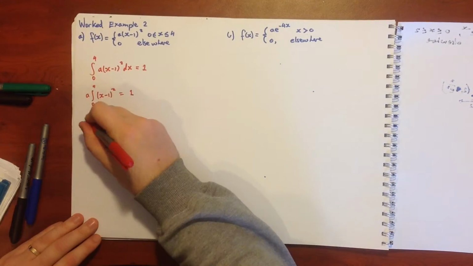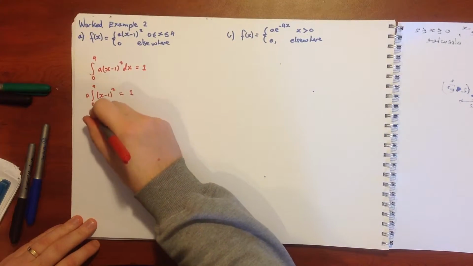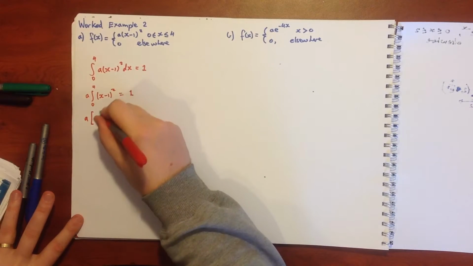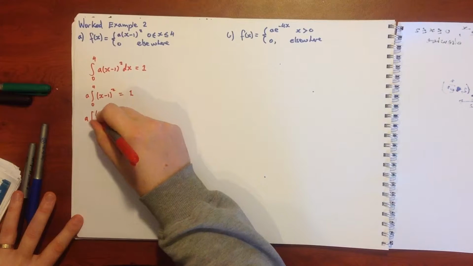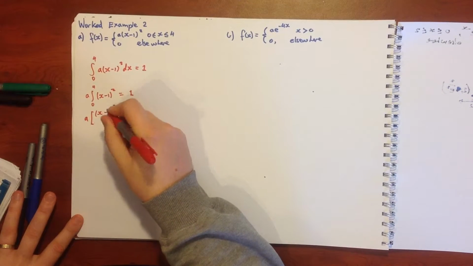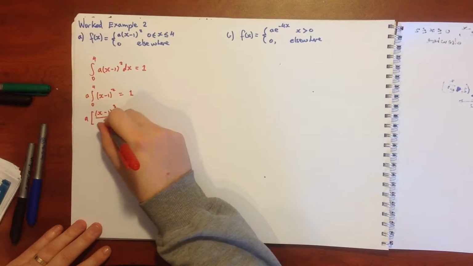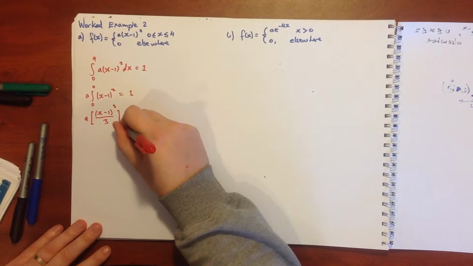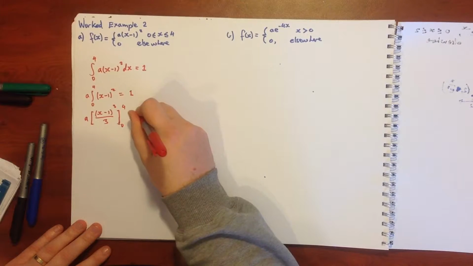When we do that, we get a times x minus 1 cubed on 3, from 0 to 4, equals 1.